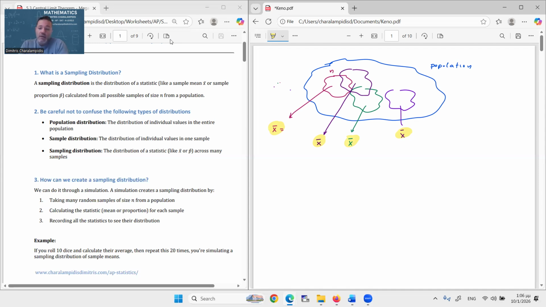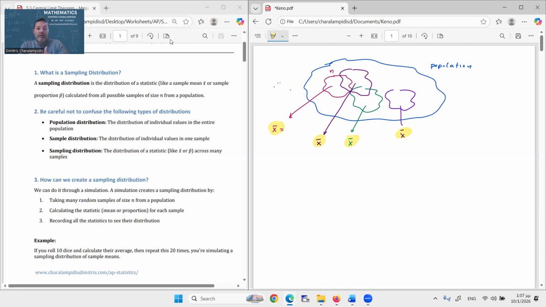For example, that could be the heights of all students in a school. By sample distribution, we mean the individual values again, but from just one sample. For example, we're not going to use all students in one school, but the heights, let's say, of 30 students chosen from that school.